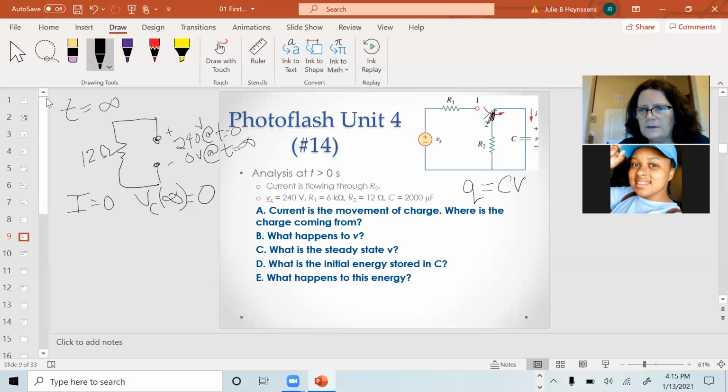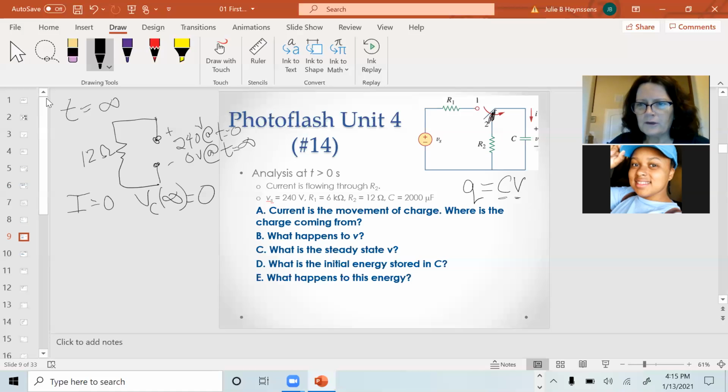It's the movement of charge with time. So if I'm putting current through this resistor, I must be pulling charge off of this capacitor. And as I pull charge off the capacitor, the capacitance stays constant, so the only thing I can do is lower the voltage.